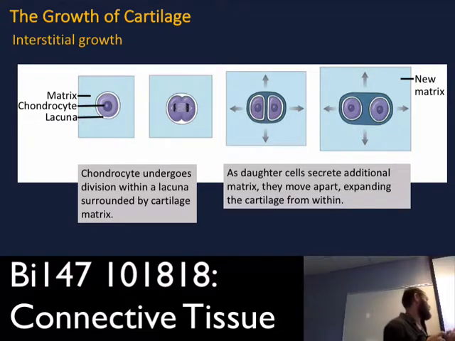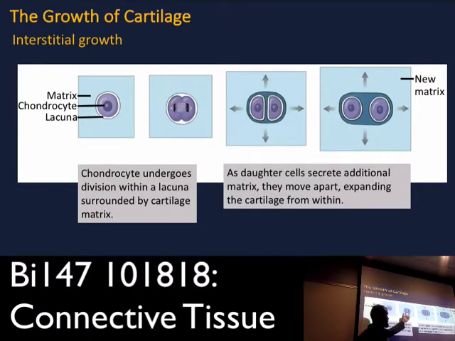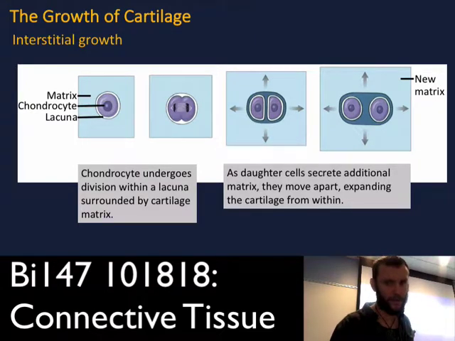It gets some kind of environmental cue, and that cue causes the cell to go through mitosis. So here it is for all of you in high school biology. The rest of you, it doesn't matter, it's just dividing into two cells. The cell divides, and those two new cells begin to make more matrix, and the cartilage expands out from that site, where the new cells are living in the same lacuna together.